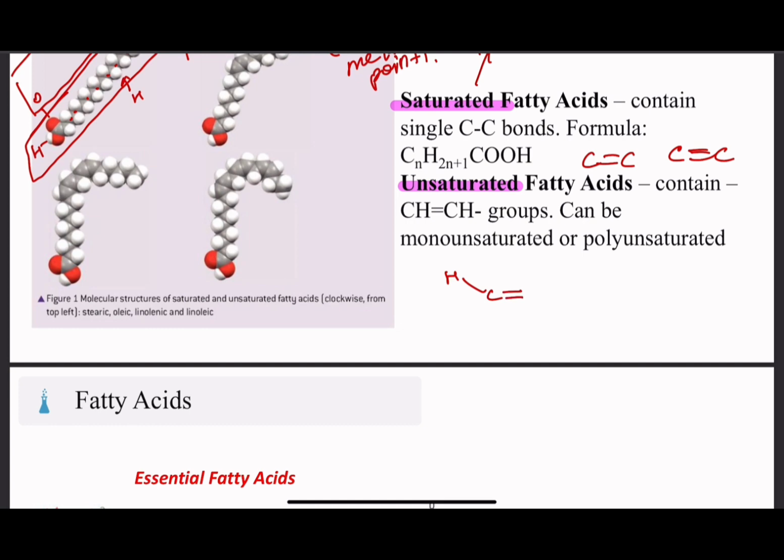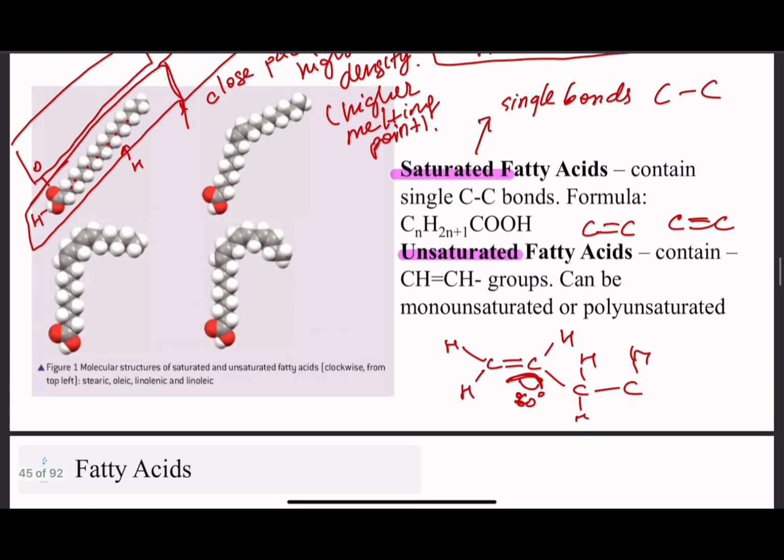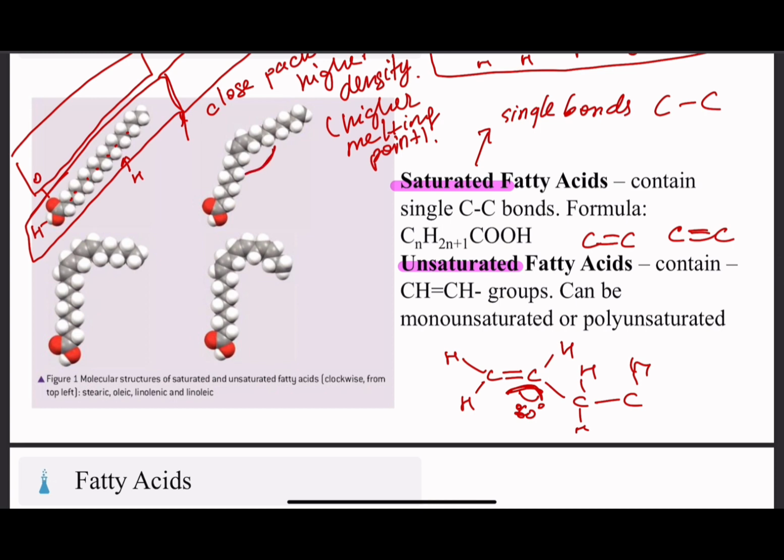While when you look at the unsaturated one, for example, if I do one unsaturated bond, you would see the way it looks. There is a little bit of a bend. You see that there is a bend in here, a certain degree angle, around, I don't know, 60 degrees, which is obvious over here.